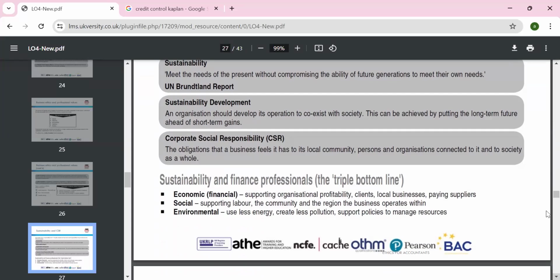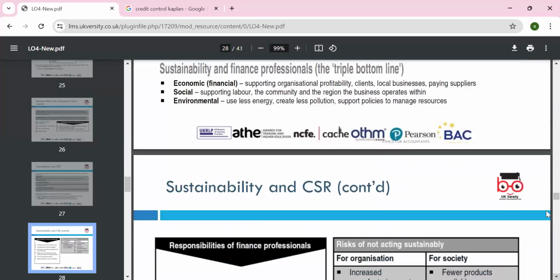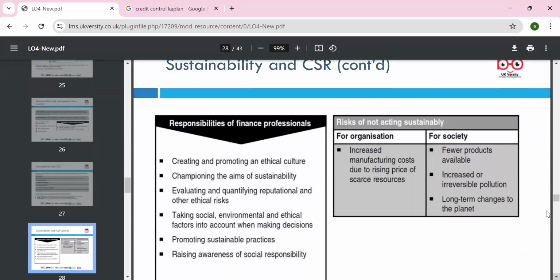Supporting implies the working conditions and environment, less energy, car sharing, and these help, and the accountants and auditors can promote these as well. Sustainability is the responsibility of finance professionals: creating and promoting an ethical culture, championing moral values, social and environmental ethical factors, and promoting sustainable practices.